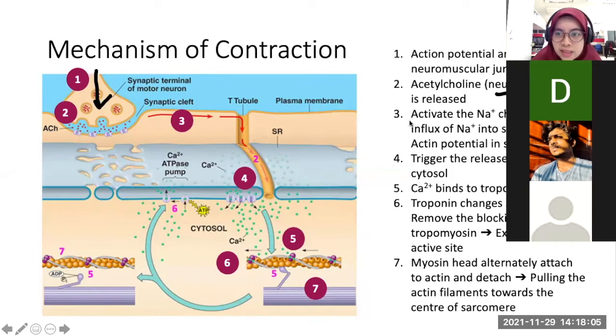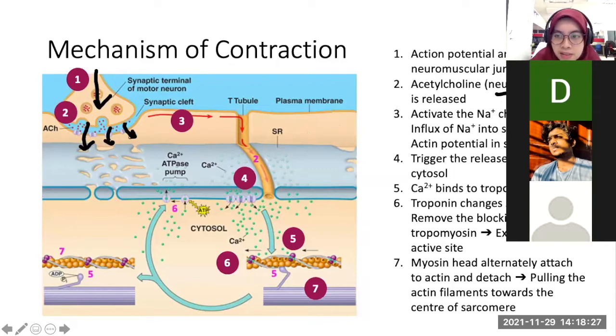Activation of these channels will cause the influx of sodium into the sarcolemma, meaning the channel now allows sodium ions to move in. This area is the sarcolemma.